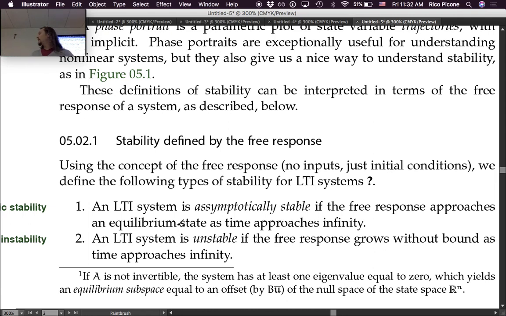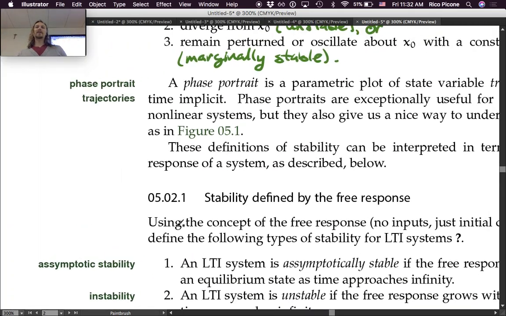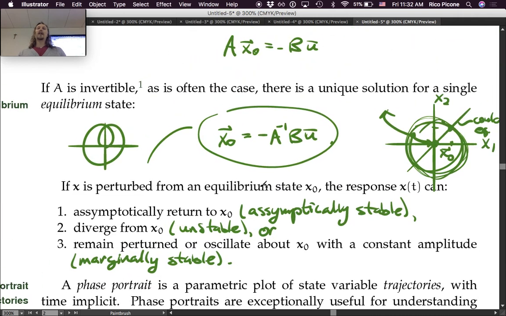But what we're going to do now is say, okay, this is generally true. This is generally some decent definitions for stability. But let's define stability in terms of the free response, which for LTI systems is a really nice way to actually find tests. So these definitions are great, but notice that it doesn't really give you a great way to test it.